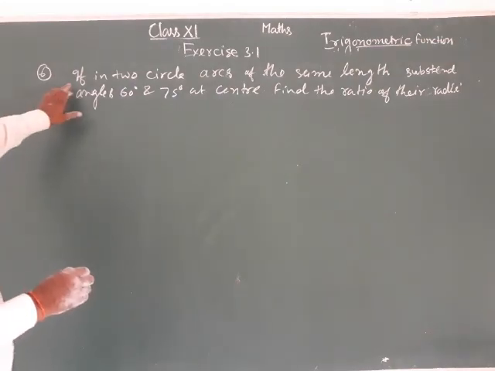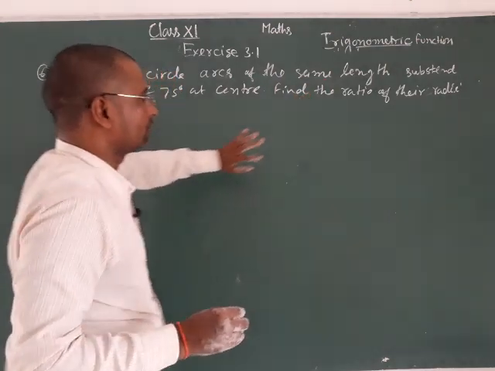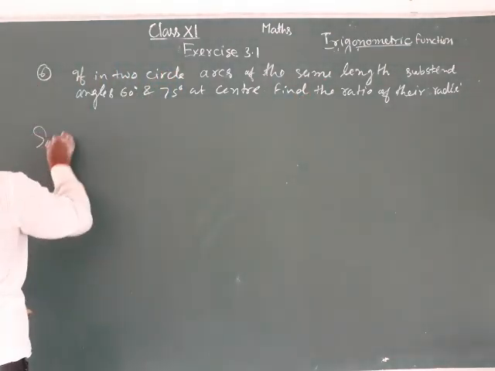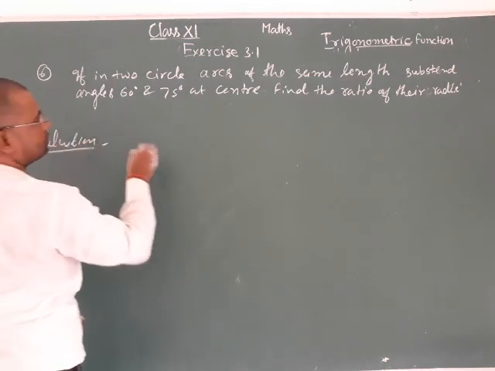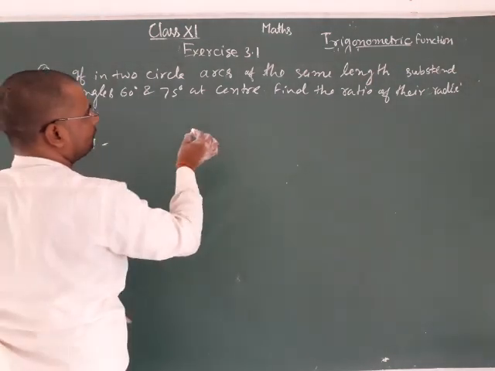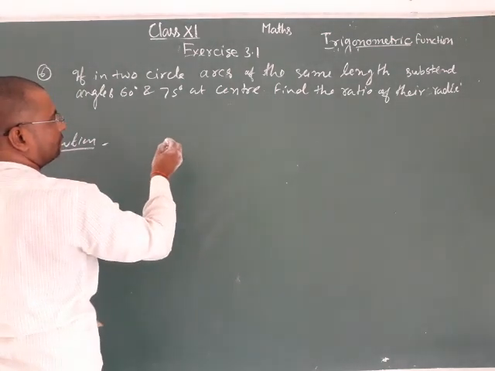Question number 6. If in two circles arcs of the same length subtend angles of 60 degree and 75 degree at the center, find the ratio of their radii. Solution of this question: arcs of the same length.